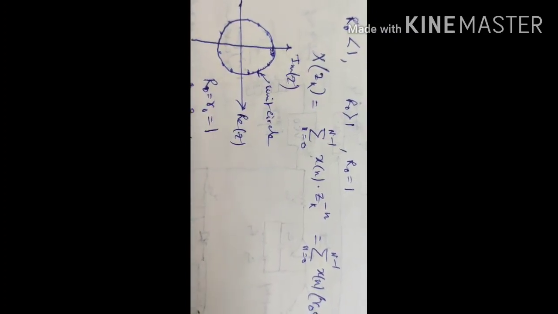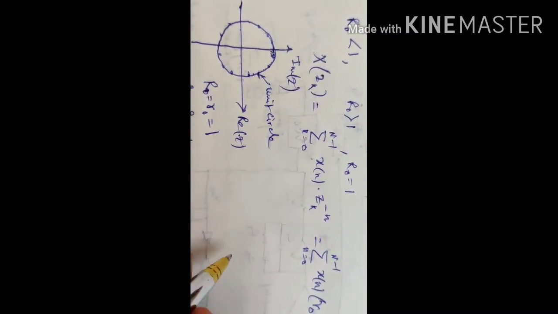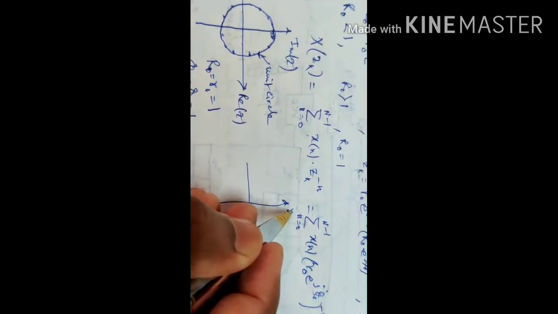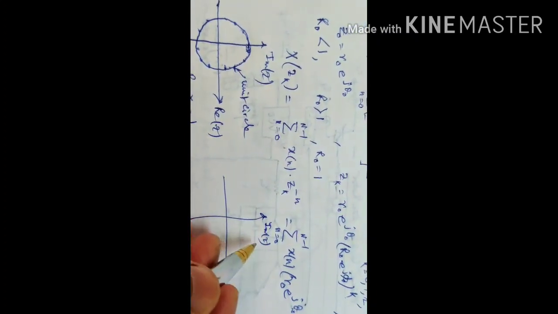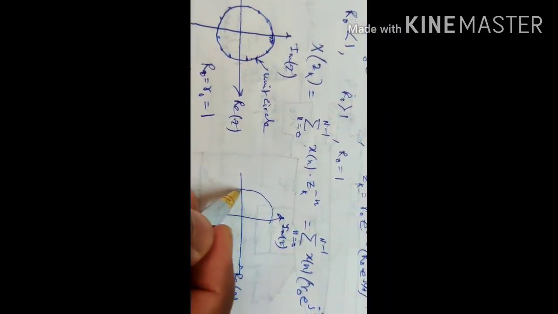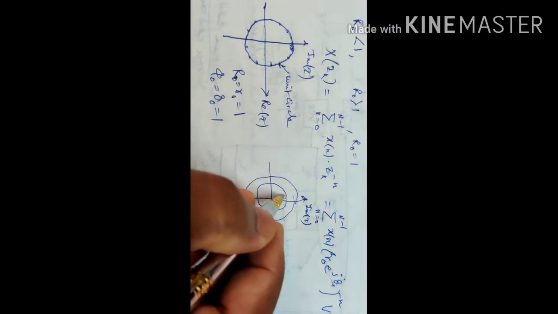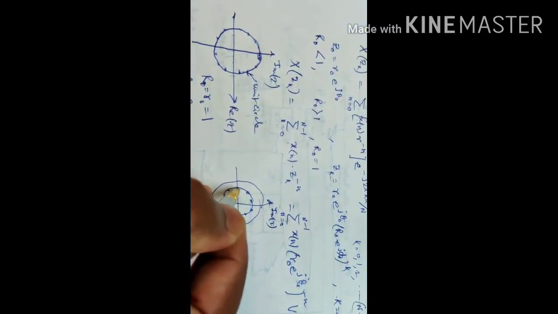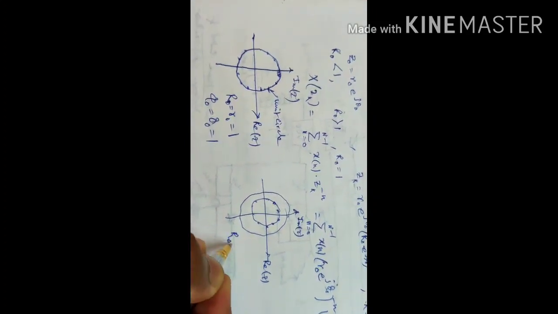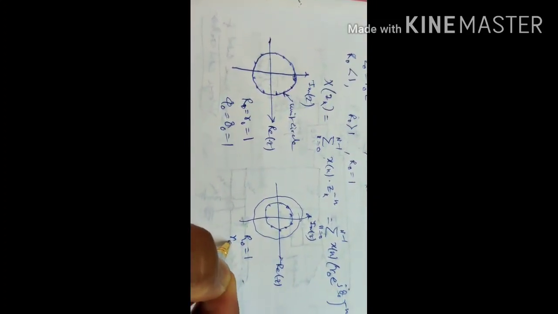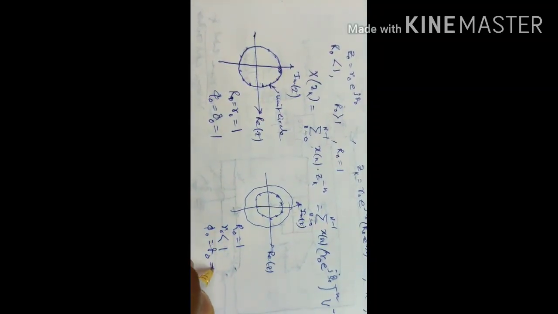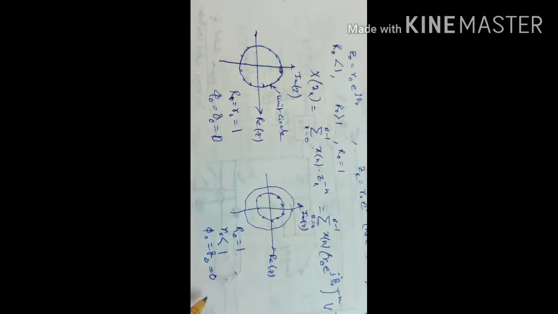For capital R_0 equal to 1, small r_0 less than 1, and phi_0 equal to theta_0 equal to 0, the points lie inside the unit circle in the z-plane.